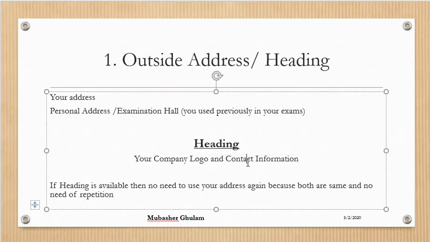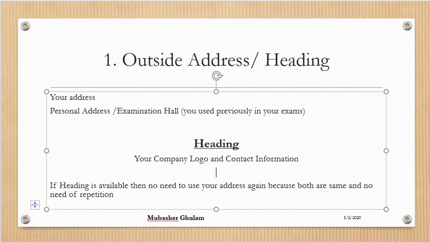So when you are writing a business letter on a letterhead, you need not write any personal address again, because it is the same address given in the heading. We need not duplicate it. So that is called the heading or outside address. Basically, the heading or outside address is our own address while we are writing a letter.